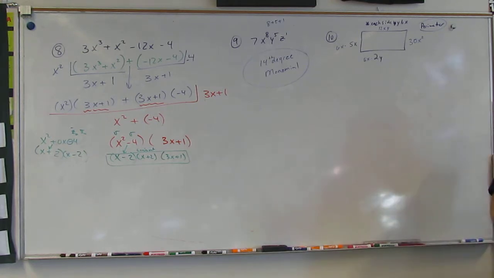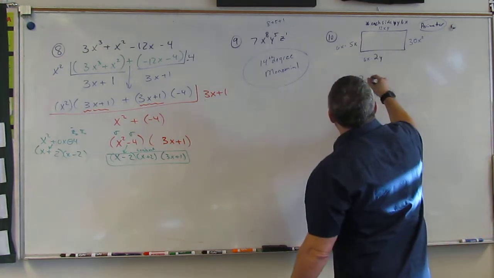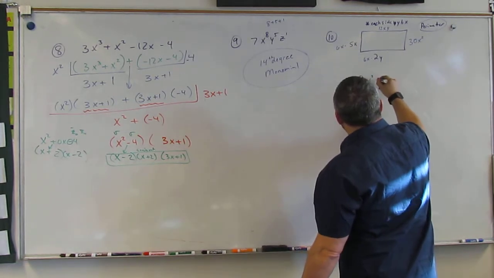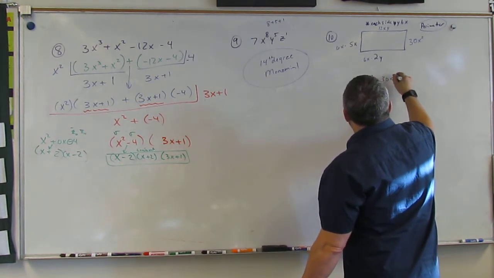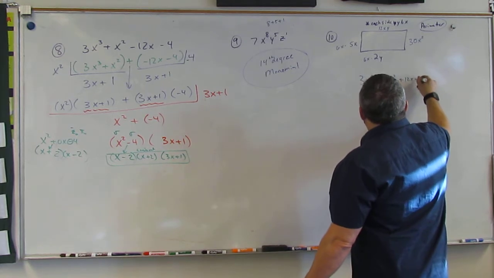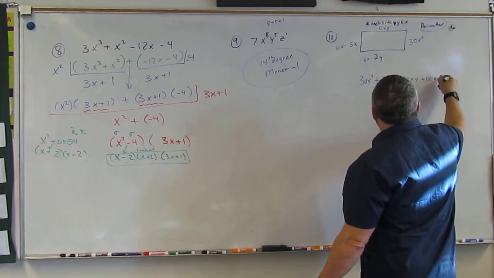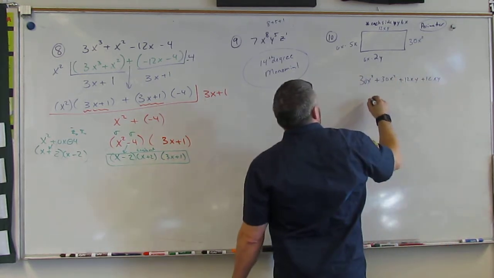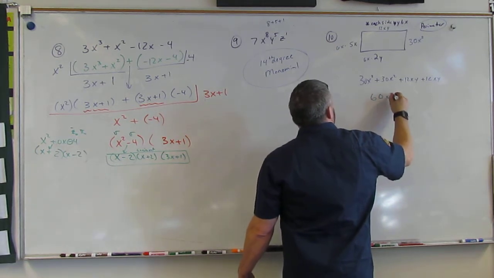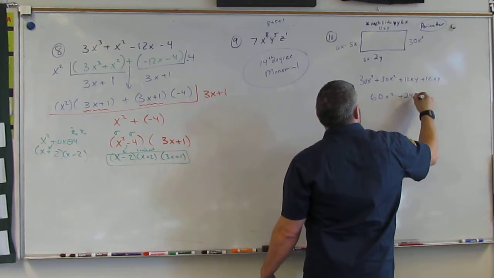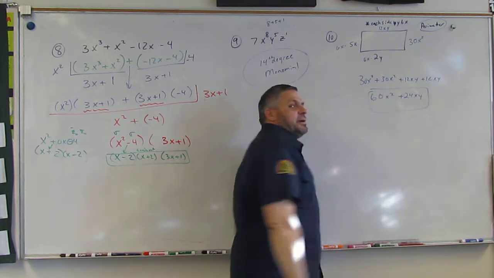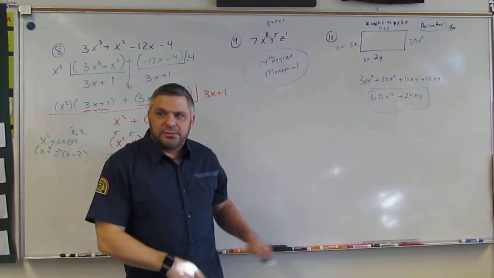It's not area. I'm not multiplying. So 30x squared plus 30x squared plus 12xy plus 12xy is 60x squared plus 24xy. And there is your perimeter.